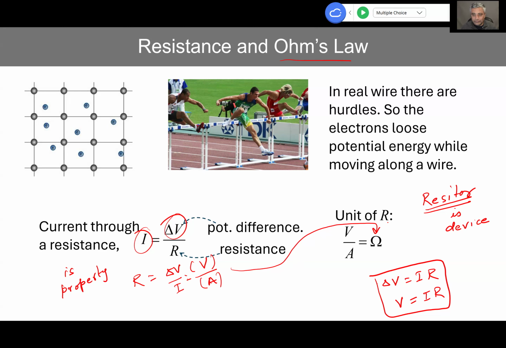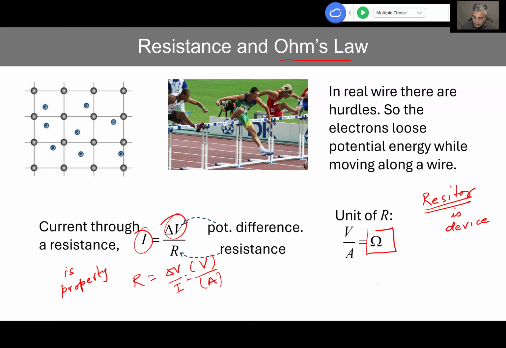The scientist's name is Ohm, and to honor his work, we have this. This is uppercase omega in the Greek alphabet, right? There are lowercase and uppercase omega. They are basically the same thing, but we use this for the symbol of resistance.